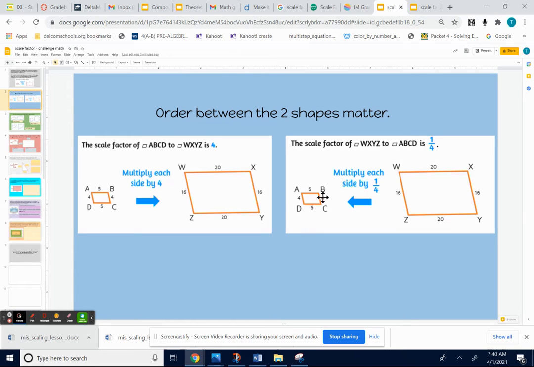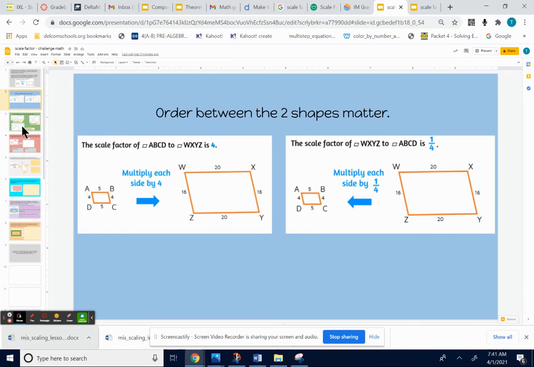But if I was thinking backwards and I wanted to say the scale factor from parallelogram WXYZ to parallelogram ABCD, I'd have to say that the scale factor is 1/4, because you multiply by 1/4 to get from one side to the corresponding side.